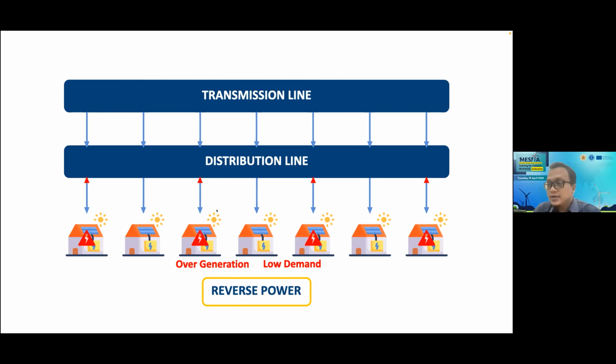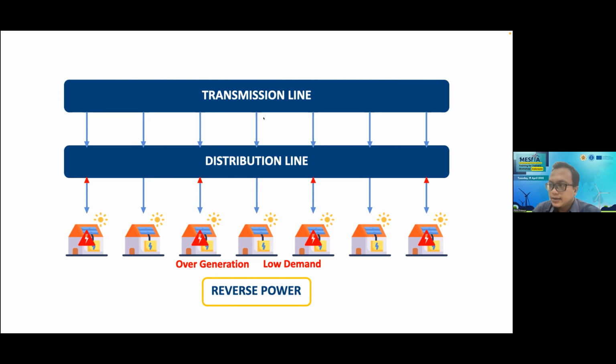We've seen this problem in Australia, where the transmission operator has the authority to turn off the PV when it is in a low demand condition or in an over generation.